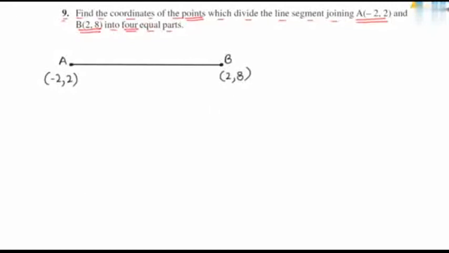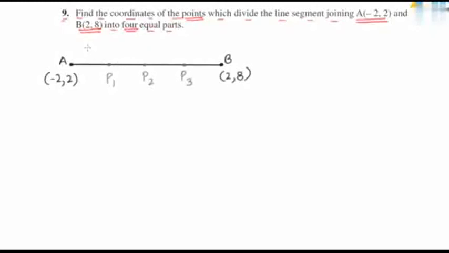So two more points are there. We have to find the coordinates of points such that it is divided into 4 equal parts. It means 2 more points will be there. 3 more points will be there. 1, 2, 3. So we can take it as P1, P2 and P3.